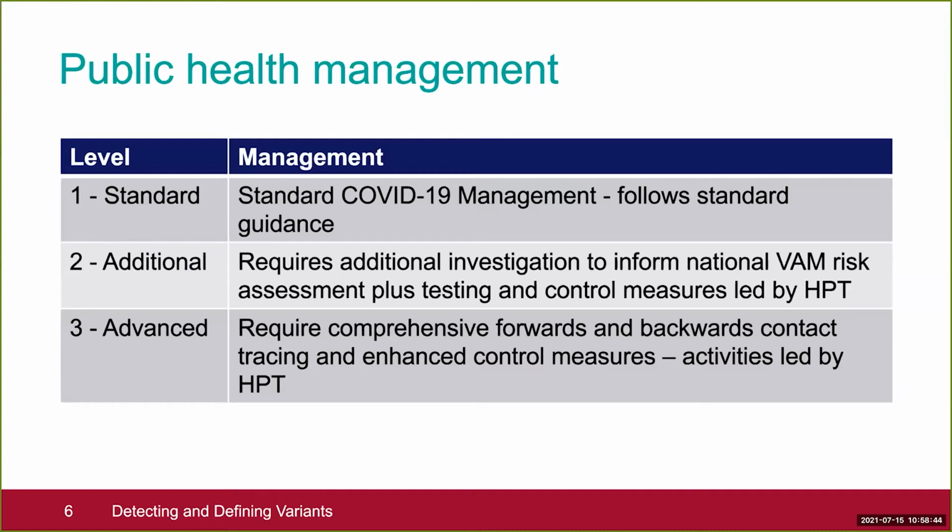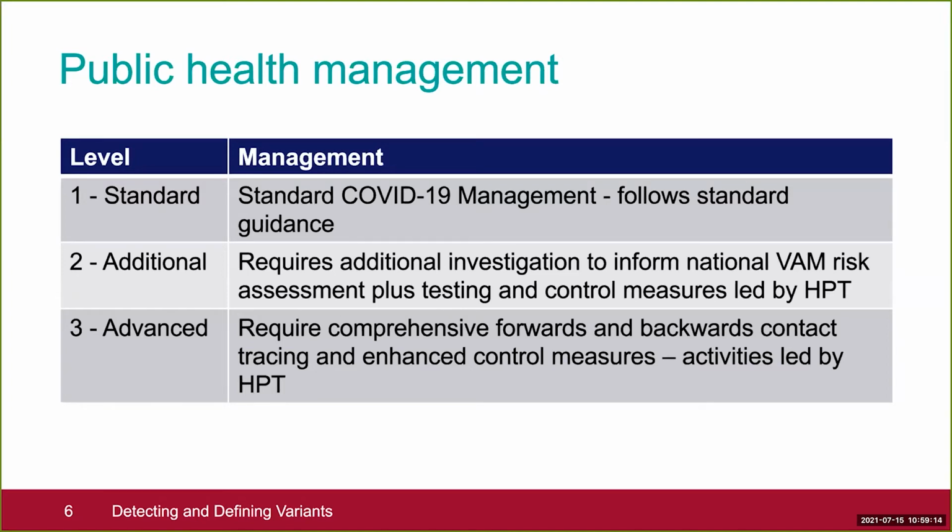That will have a slightly elevated level of investigation associated with it, and it will inform our risk assessments to decide what we're going to do in a particular area. Are they going to have enhanced testing for a specific site, or do they need to close down bubbles in a school and that kind of thing? And then you'll have some additional control measures associated with that, and that's led by the health protection team.